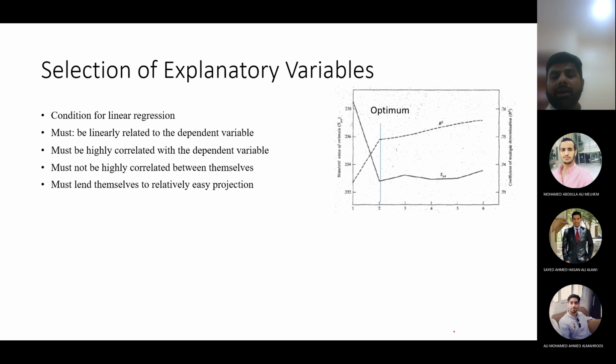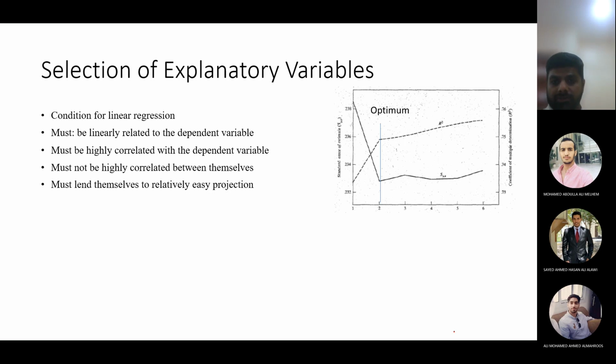For example, if I ask you to predict the temperature, you may assume that the temperature is affected by wind speed, time of the day, geographical location, and this and this and this. You may tell me 100 things which may affect temperature. Out of these 100 things, how do I decide which variables should go in the equation?